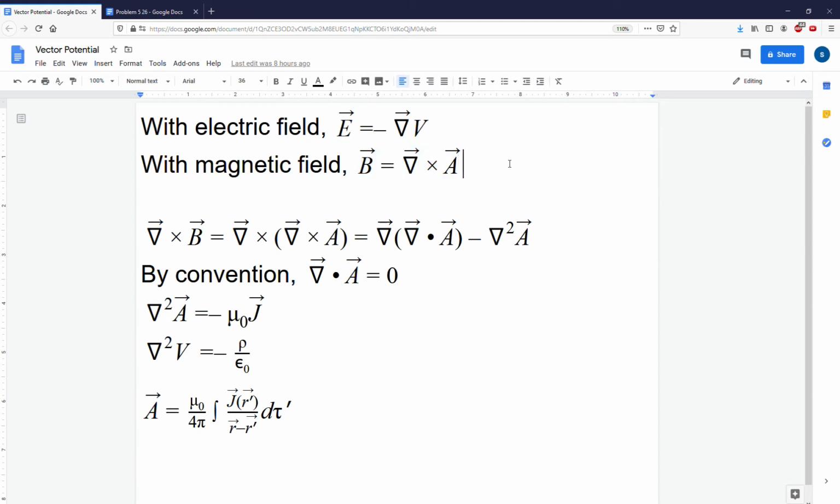As a side note about naming, why we use the letter A for this, and really why we use the letters we do for all of these fields, is because those are the letters that Maxwell decided to use when deriving his famous equations.